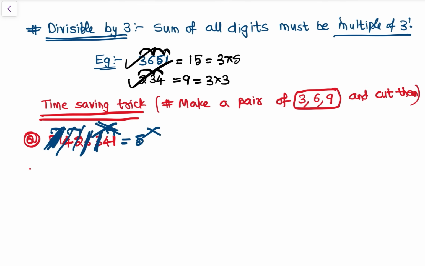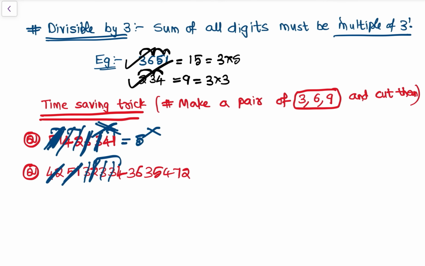Let's check another question. See, 4 2 5 1 3 2 3 3 4 3 6 3 5 4 7 2. Let's check whether this number is divisible by 3 or not. See, 4 plus 2 6, cut it. 5 plus 1 6, cut it. 3 cut it. 3 cut it. 3 cut it.